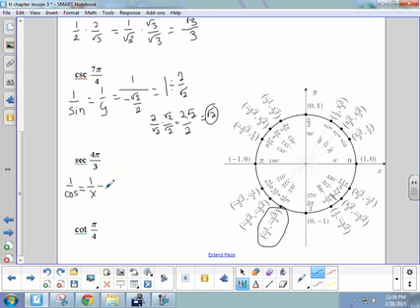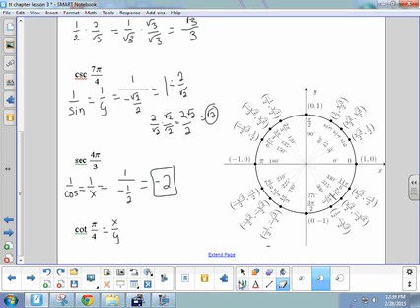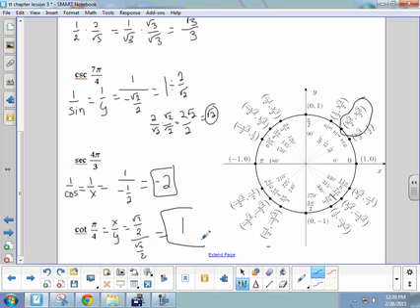So I'm going to have 1 over negative 1/2, which is going to give me negative 2. Cotangent is x over y. So let's go ahead and figure out where pi over 4 is. And that will give me radical 2 over 2 all over radical 2 over 2, which is 1.